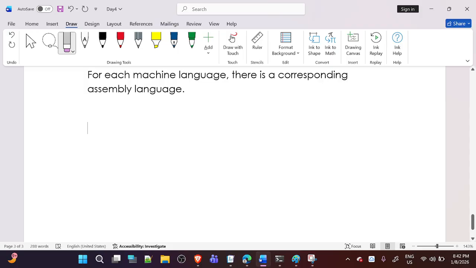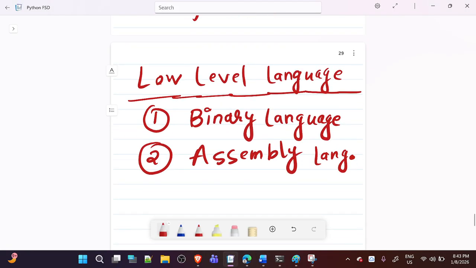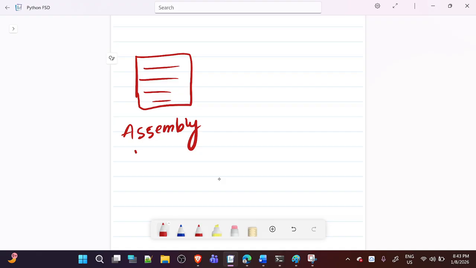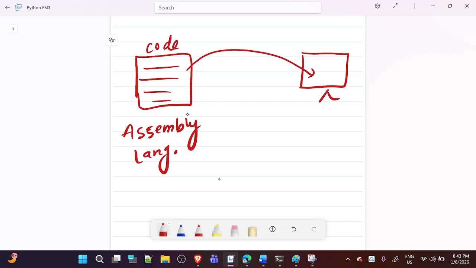So for example, let's try to understand here. If I'm writing this code in assembly language, can the computer understand this code directly? Yes or no?